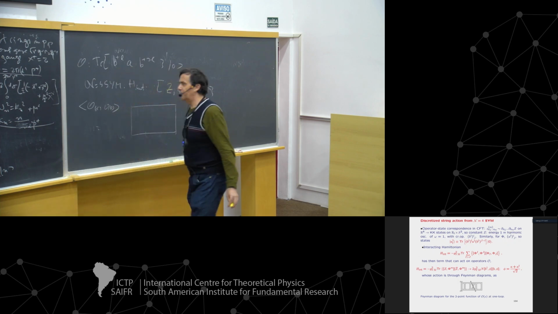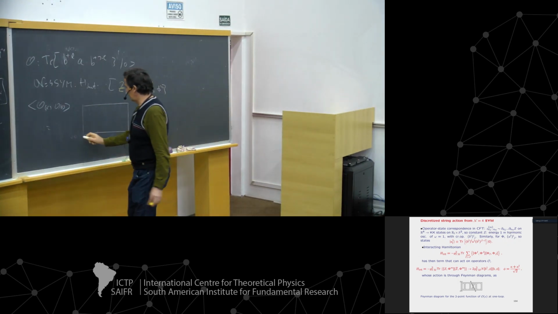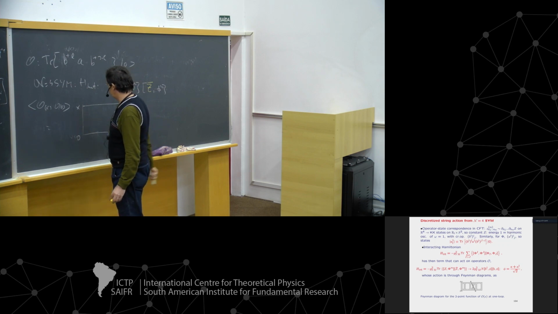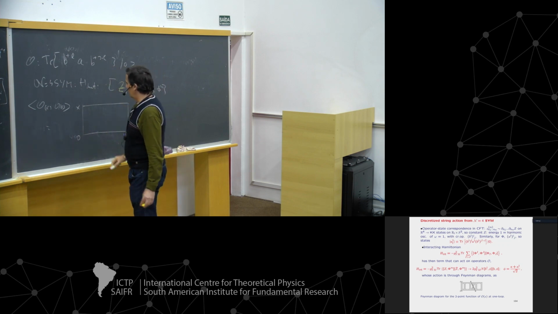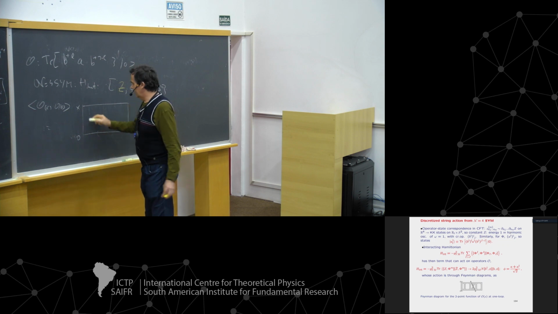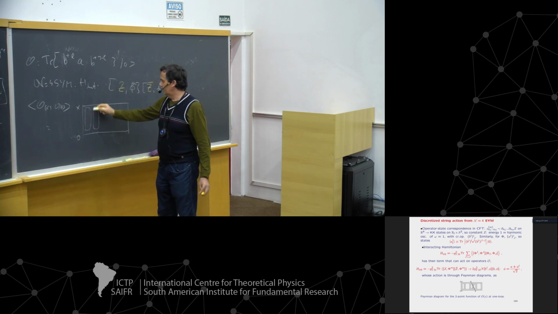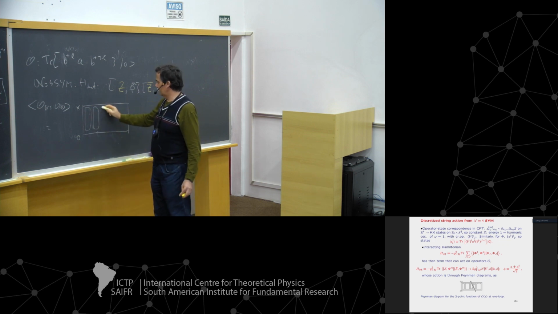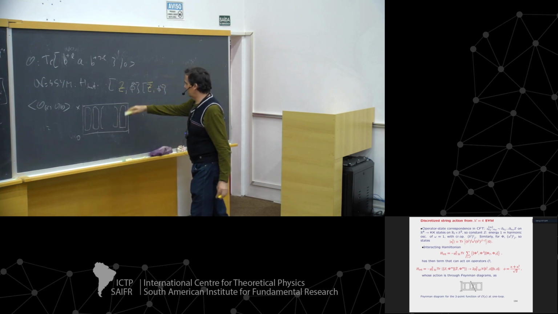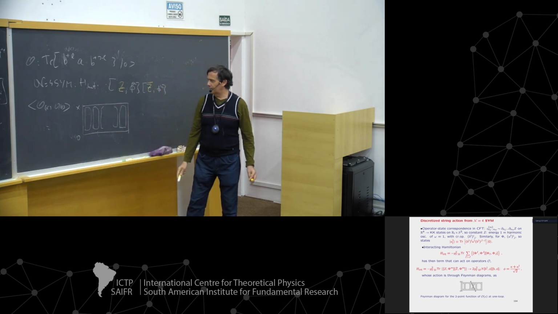So let's say here is 0, here is x. The tree diagram would be something like this, where the double lines signify that this thing that propagates here is an adjoint. I would just have free propagators connecting the two.